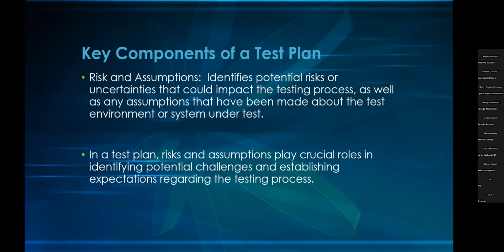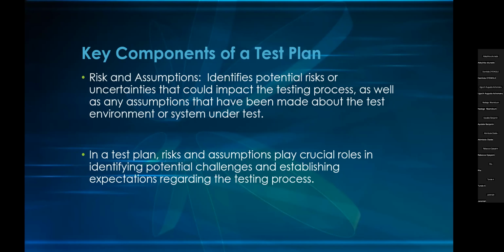And one last thing I could add to the risk and assumption is, by addressing the risk and assumption proactively in the test plan, teams can anticipate potential challenges and establish contingency plans.